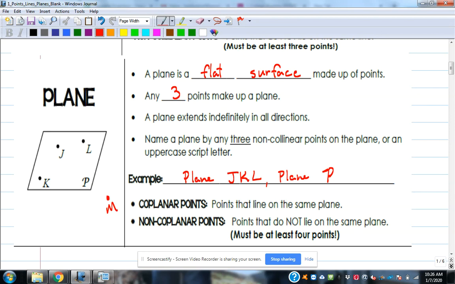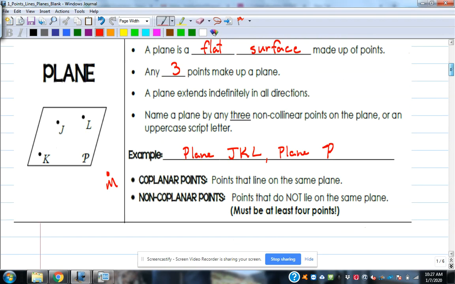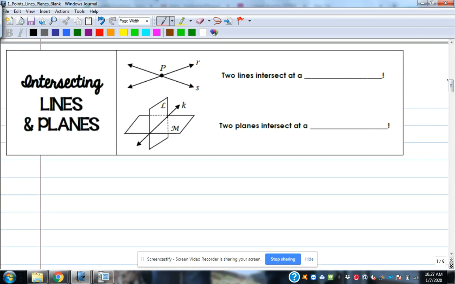So sometimes planes get a little confusing when they put more than one in the picture, and we'll see that as we get into some examples here that get a little tough. All right, so we got a point, which is just a location. We got lines, which is just a bunch of points. And then we got planes, which is the flat surface that we put stuff on. And then what we can have is things happening where we're intersecting those lines and planes.